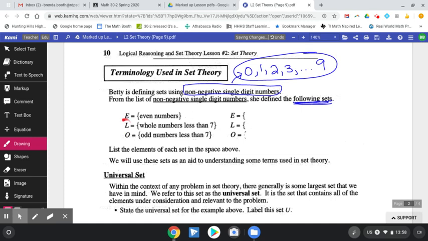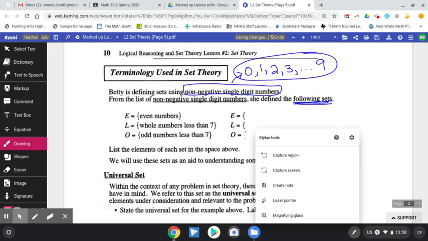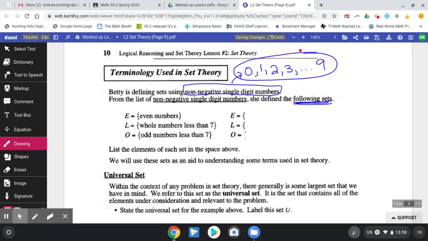We've got set L, whole numbers less than 7, and we're going to make a list. And then we've got set O, odd numbers less than 7. Now remember that when we're doing this, we are only using the numbers from Betty's list.